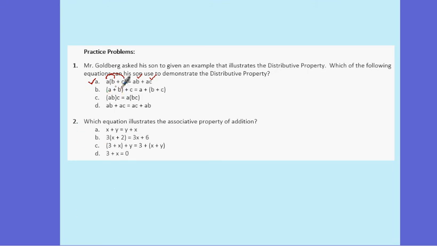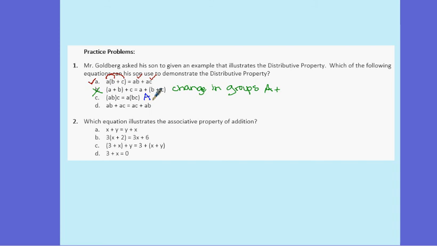Here I have A plus B plus C equals A plus B plus C. This was a change in groups, which actually indicates the associative property of addition. That's not my final answer. Choice C, A times B times C equals A times B times C. So again, now I have a change in groups.